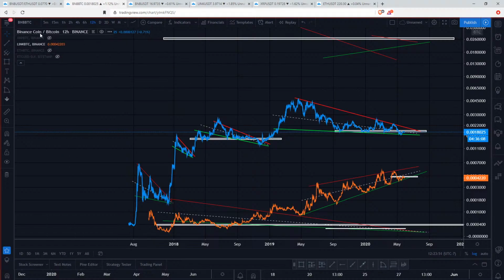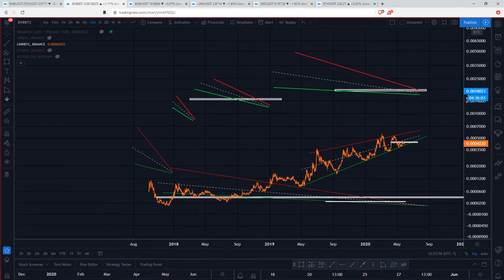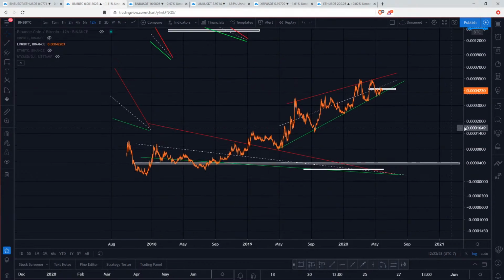But just not yet. All right, now we're going to look at Link and then take off BNB, which is this one. All right, so Link has been doing really well as well compared to Bitcoin.